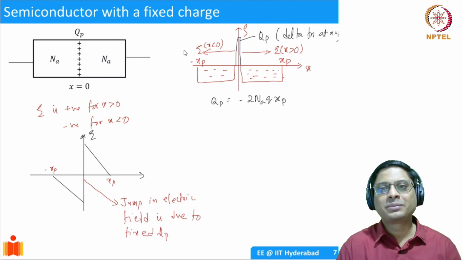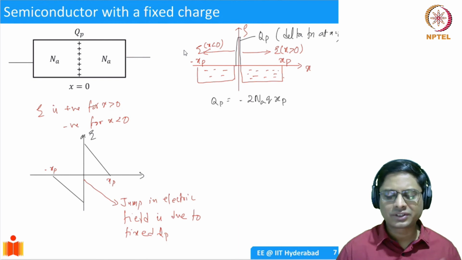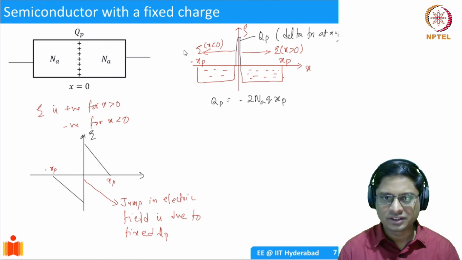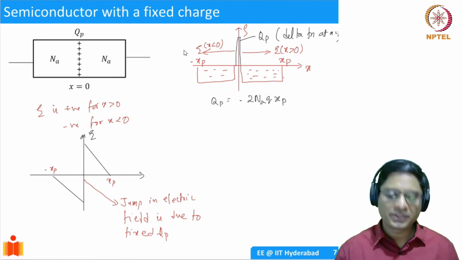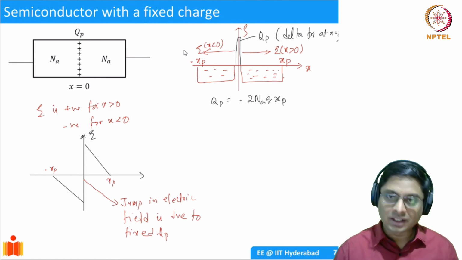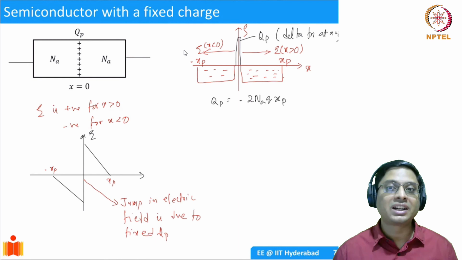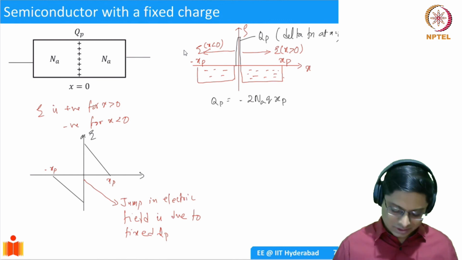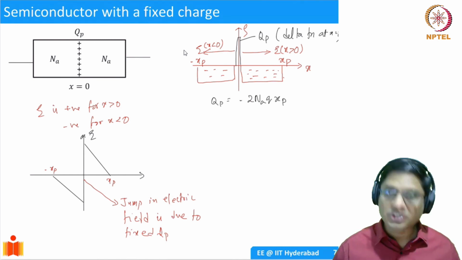Remember always, what do Maxwell's equations tell you? Maxwell's equations tell you that there are these boundary conditions, right? And whenever there is a jump in electric field, there has to be a surface charge there. In this case, since we are solving in 2 dimensions, there's going to be a line charge. So that charge causes the discontinuity in the electric field. It was not there in any of the previous scenarios that we considered. Only in this scenario do you have that, because of the fixed charge.